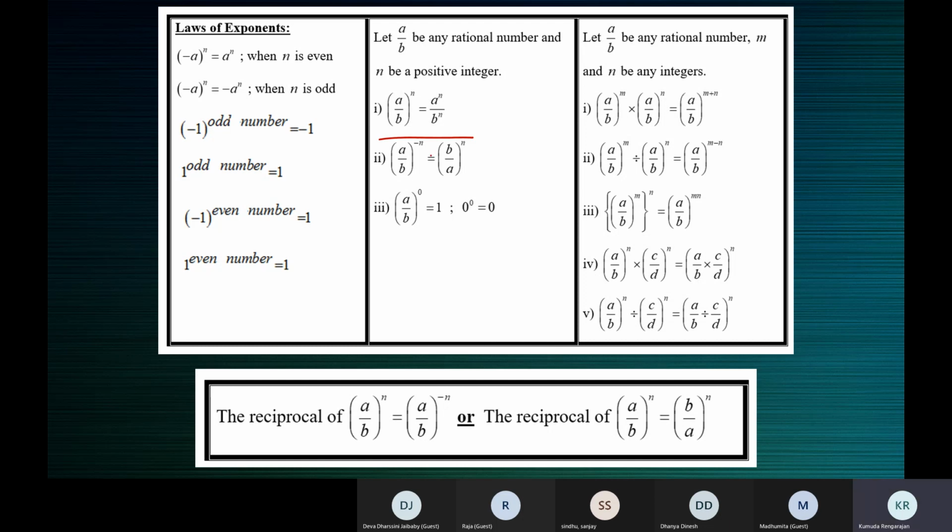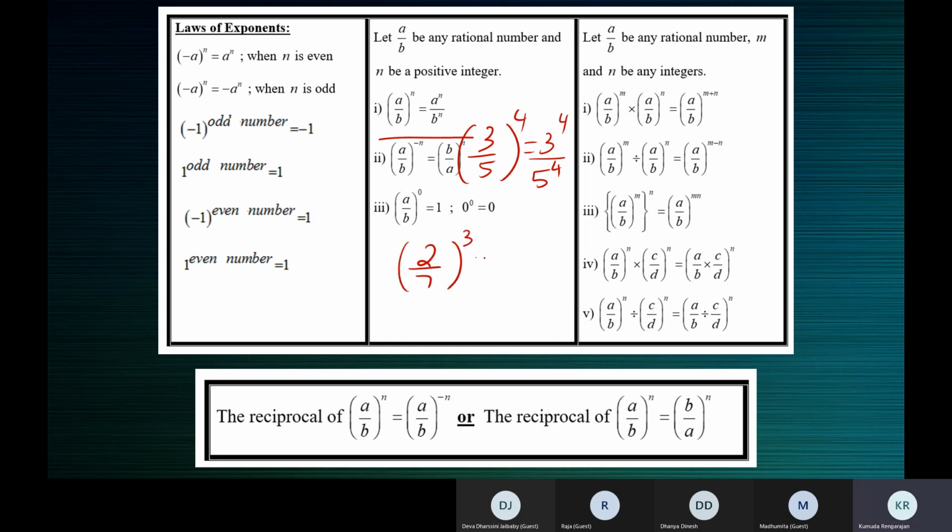So 3 by 5 to the power 4 can be written as 3 to the power 4 by 5 to the power 4. 2 by 7, the whole power 3 can be written as 2 to the power 3 by 7 to the power 3. So some fraction A by B to the power n can be expressed as A to the power n divided by B to the power n.